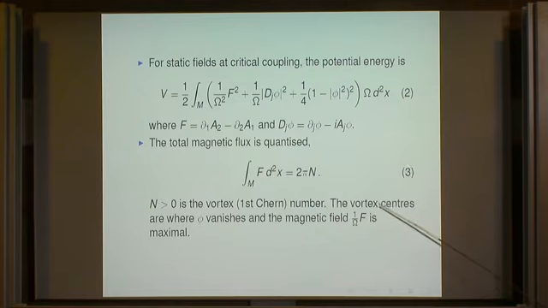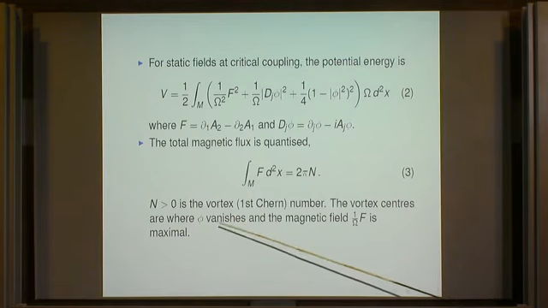And then heuristically, the vortices have centers. That's where phi vanishes. And it will turn out that for the Bogomolny type vortices, phi vanishes at exactly n points counted with multiplicity. And so you can identify the vortex locations with where phi vanishes. By the way, that's what makes studying vortices different from monopoles.